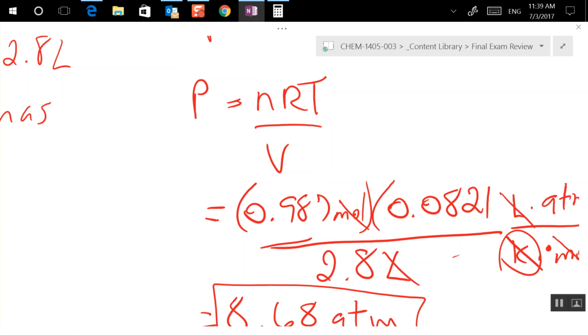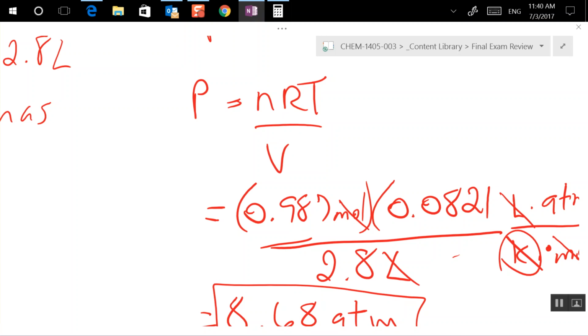Just like the relationship of the laws, whenever it's like V1 over N1, since it's dividing, that means it's direct, and indirect is when it's multiplied across. That's right. A direct relationship would be division, and an indirect relationship would be multiplication.